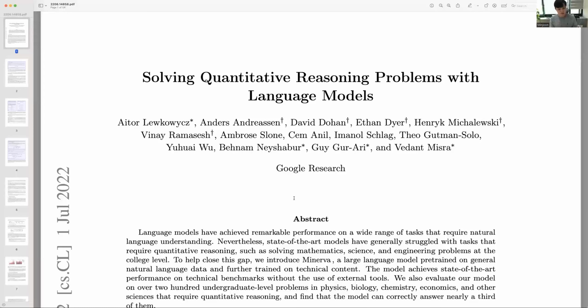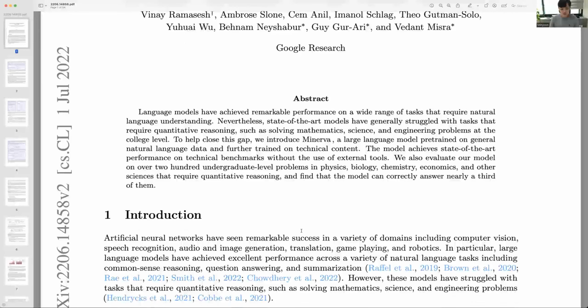The point is that they fine-tune it, not prompt it, not give a prompt to generate the next sentence, and they find that they can do really complex questions, not just elementary school or middle school questions, but even undergraduate level problems in physics, biology, chemistry and economics.